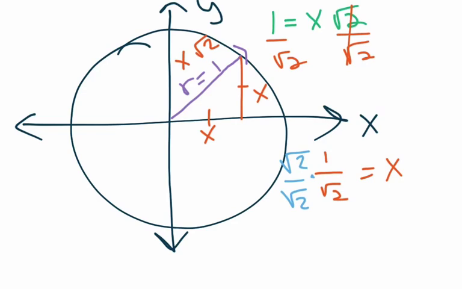Square root of 2 times 1 equals square root of 2. Square root of 2 times itself cancels out the radical, and that gives us 2, which is equal to x. So now I know that the value of x is equal to square root 2 over 2.